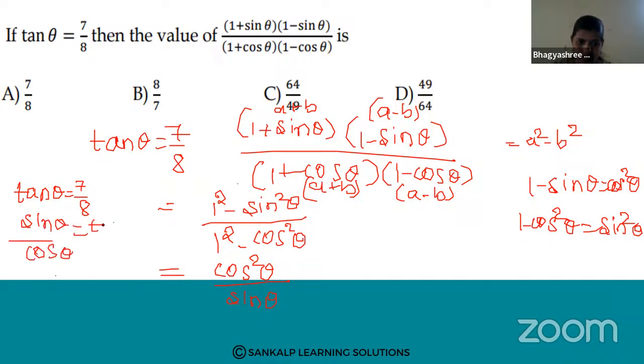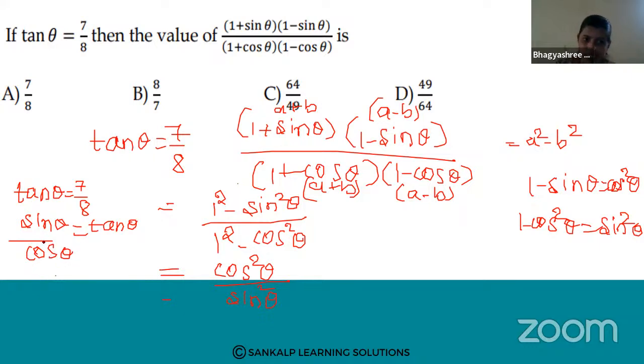But here it is cos square theta divided by sine square theta. That means cos theta divided by sine theta, so the reciprocal of tan theta.